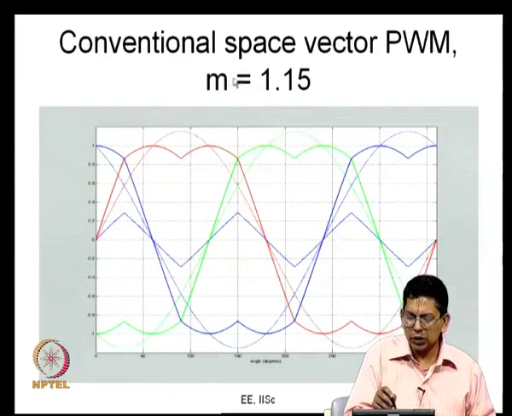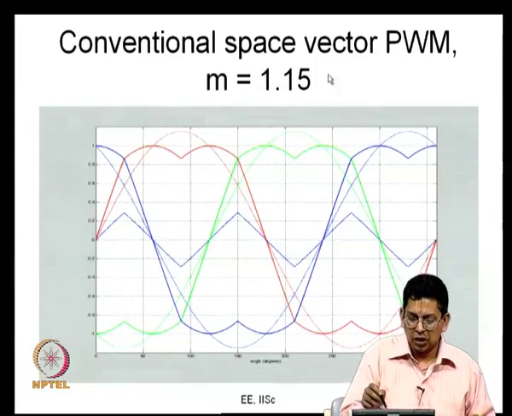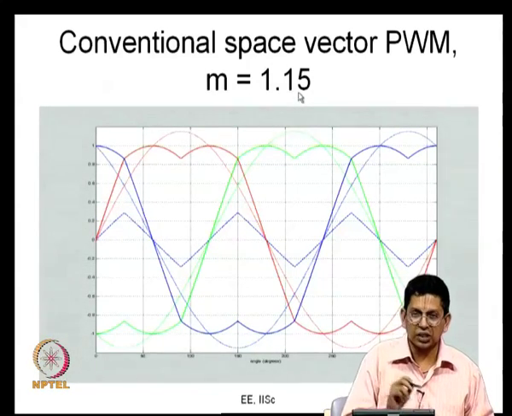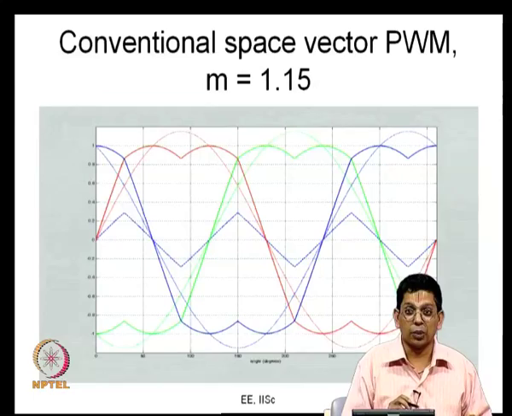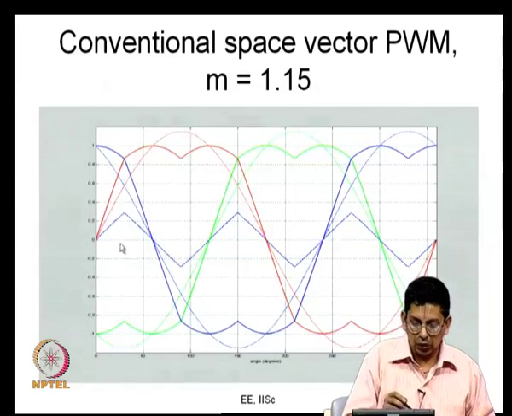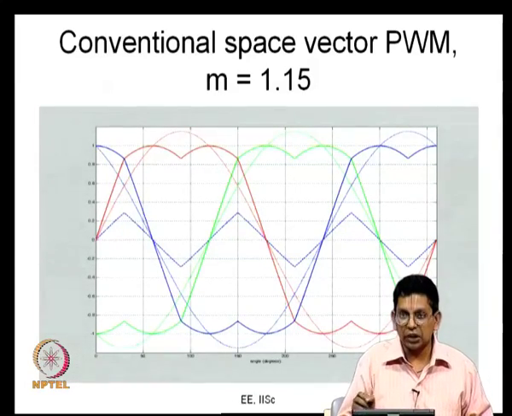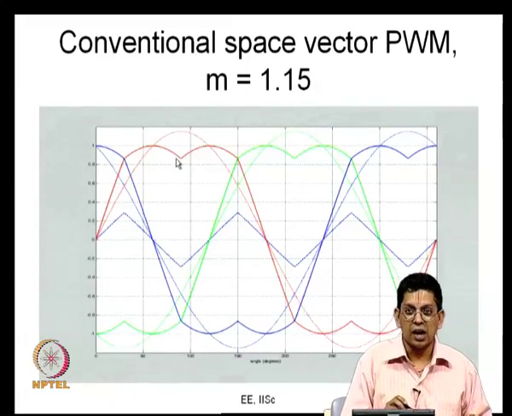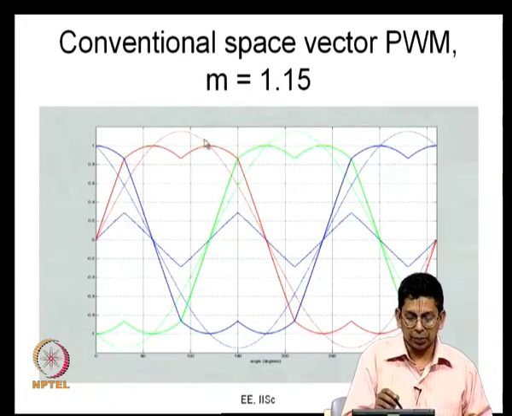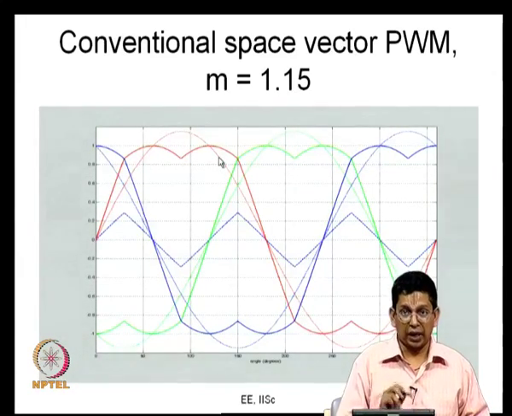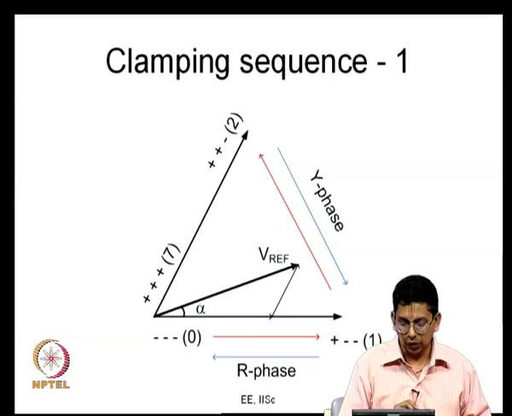In fact, for all the space vector based PWM methods, the AC voltage can be 15% higher than what you can get with sine-triangle PWM, not only for conventional space vector PWM, we will discuss this a little later, right. So, looking at the 3 equivalent modulating signals, you can very clearly understand that conventional space vector PWM gives you 15% higher fundamental voltage than what sine-triangle PWM can give for the same DC voltage, right.